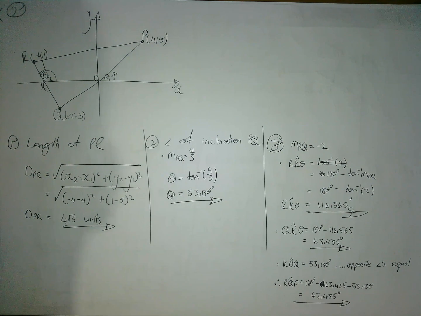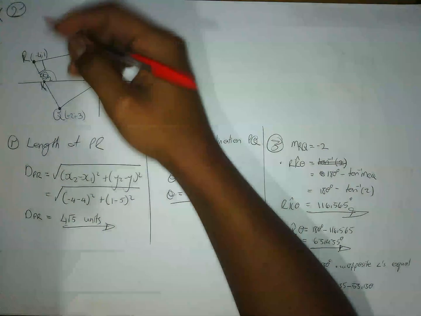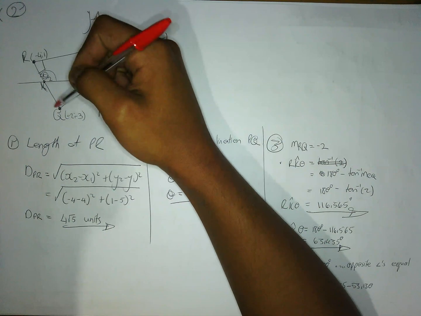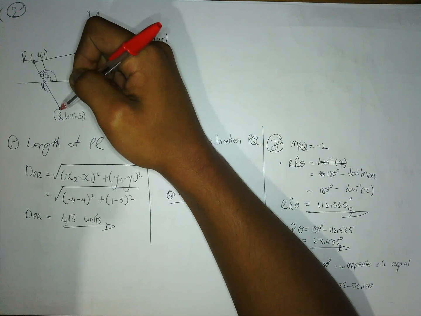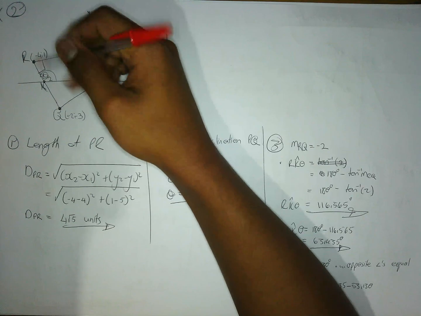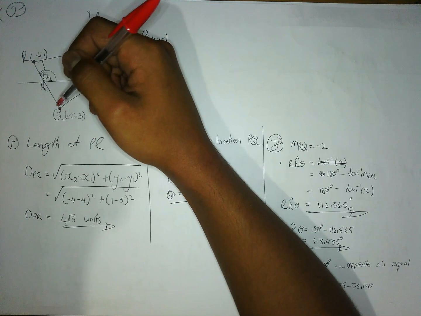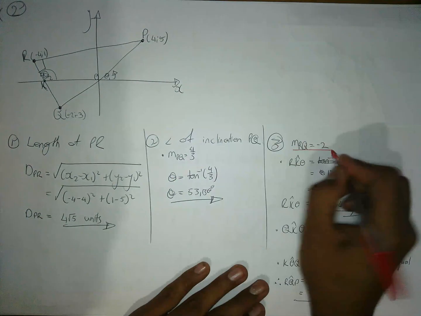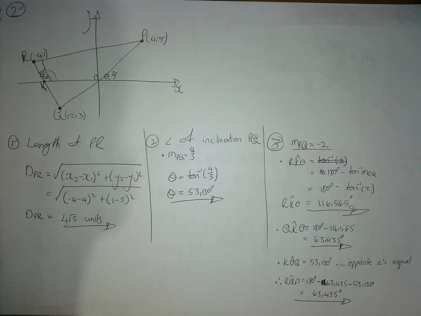Anyways, the next question. If the gradient of RQ is -2. I put it down there just so I have it as a side note.